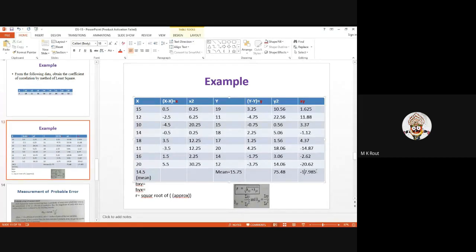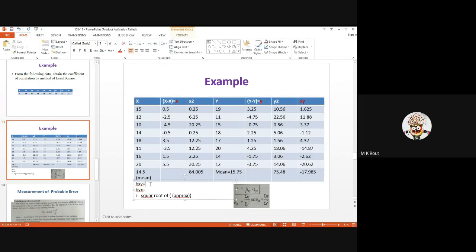If you calculate summation of x, what is the value of summation x square here? 84.005. And summation of y square is there. Okay, fine. In that case, you have to directly calculate which value? That is known as your bxy value.